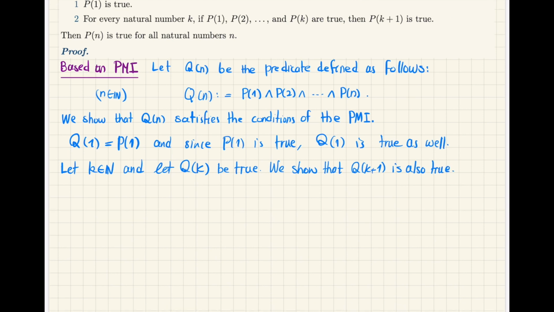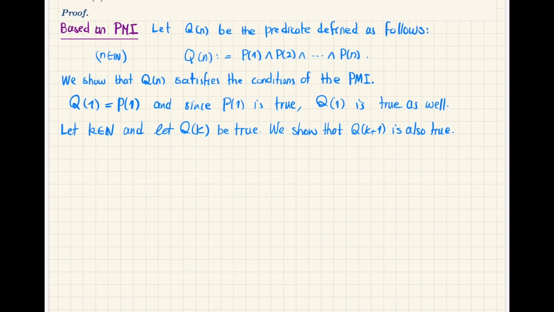Okay, how should I prove this? So you are telling me that Q of k is true. But what is Q of k? Q of k by definition is P of 1 conjunction with P of 2 up to P of k. So you are saying that this is true.